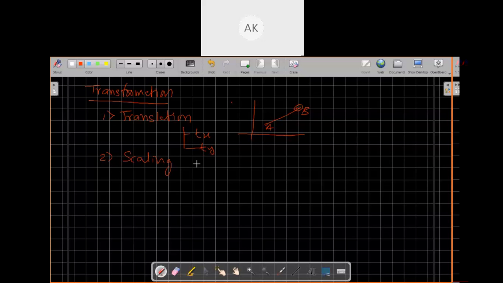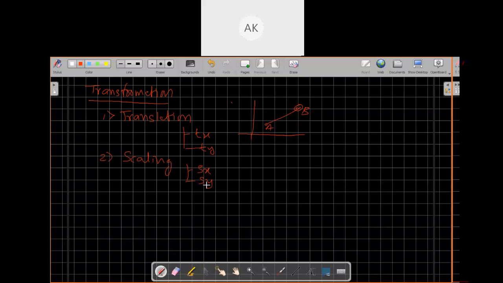This is the translation parameter. Tx means translation corresponding to the x-axis, and the translation parameter ty means translation of your object corresponding to the y-axis.